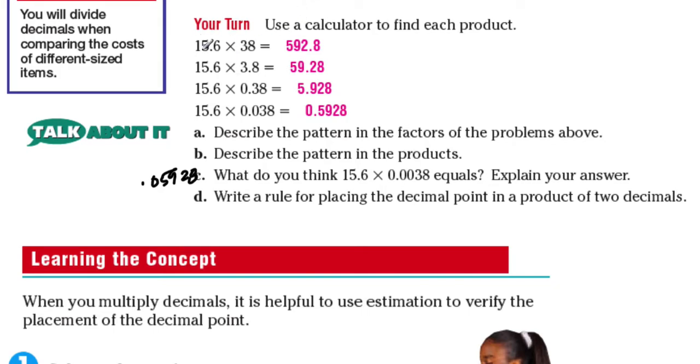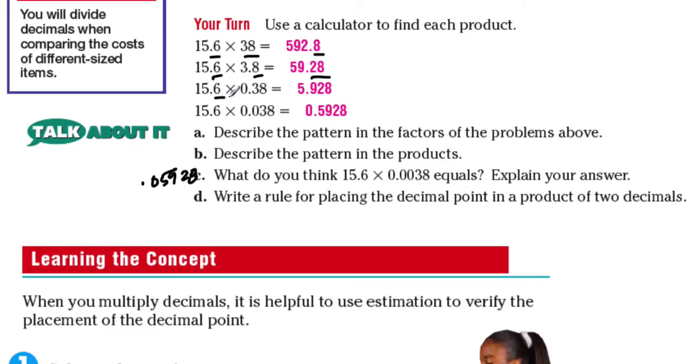If you look at the factor 15.6, it has one decimal place. 38 has none, so you have one decimal place in the product. In the second problem, you have one decimal place and another decimal place. If you add those two, you have two digits after the decimal point, 1 plus 1.